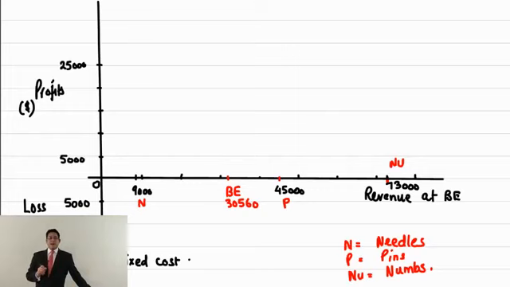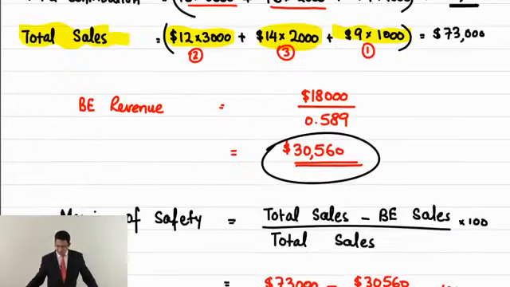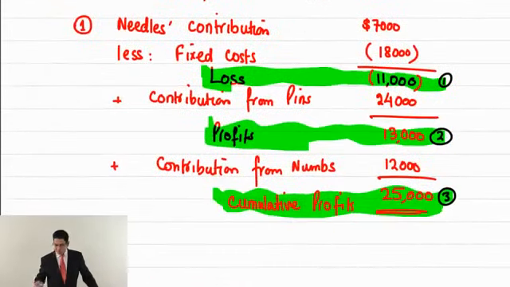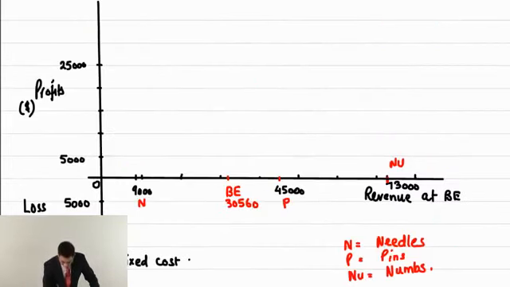Okay, and now you need to plot cumulative profits or losses right at the end, which you can see here. Number one, 11,000, and this is a loss, and loss is 5, 10, and approximately here is 11,000. That's coming from needles.